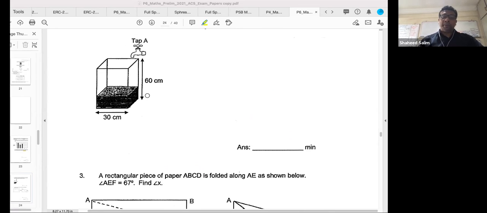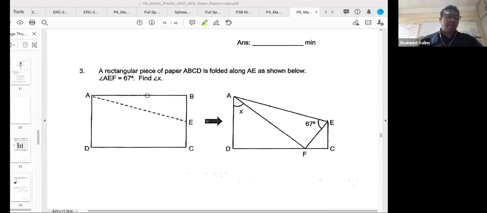Okay, we are moving. This is paper 2 already. Okay, you have done questions like this before. Can you try?